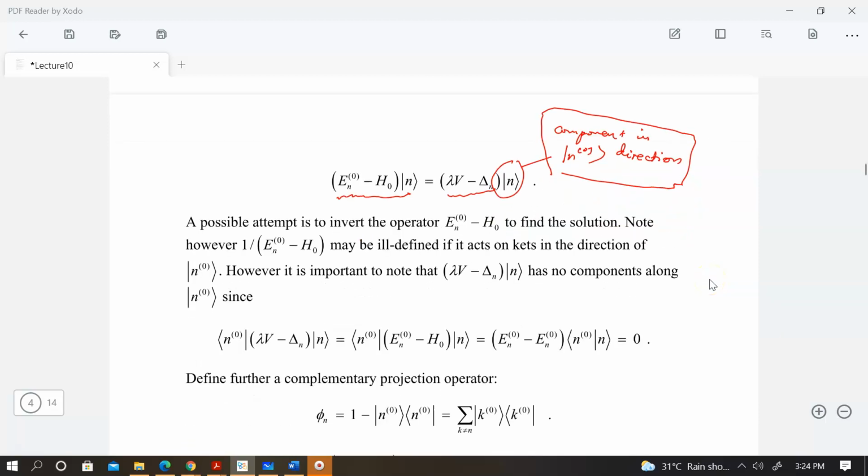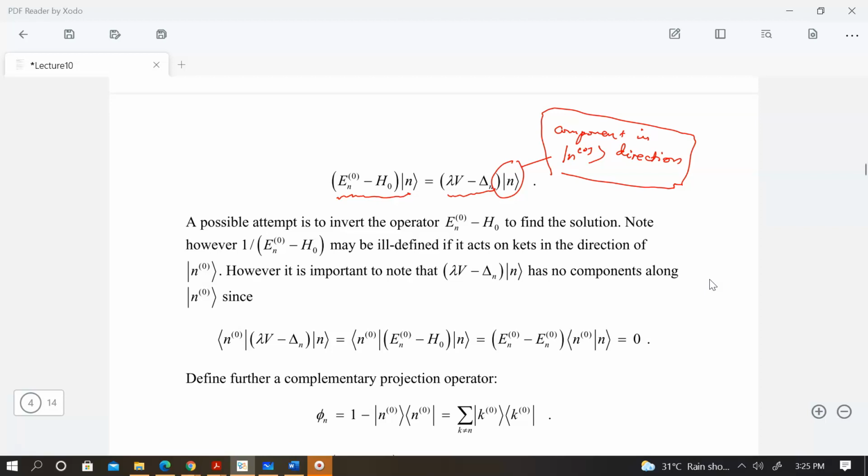So let us first note this particular property. You remember the operator over here will have the one at the top, the numerator, and then this thing at the denominator. The one that seems to give you a problem is the one at the denominator. But let's look at the one at the numerator. What does it mean? This thing acting on n, and suppose there's an n naught direction. Well, in that particular case, it gives you 0.